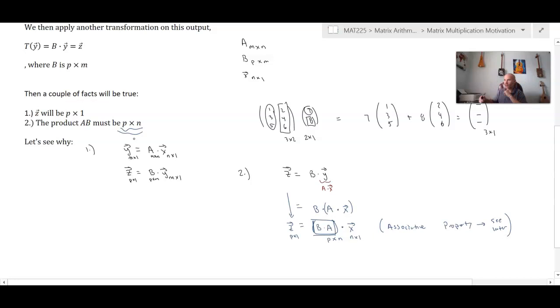Now, the funny thing about matrix multiplication is it doesn't work the way we might imagine. You might imagine taking two 2 by 2 matrices, and since we've dealt with arithmetic and you can always add matrices that are like dimensional, it must be the case for multiplication too, right?